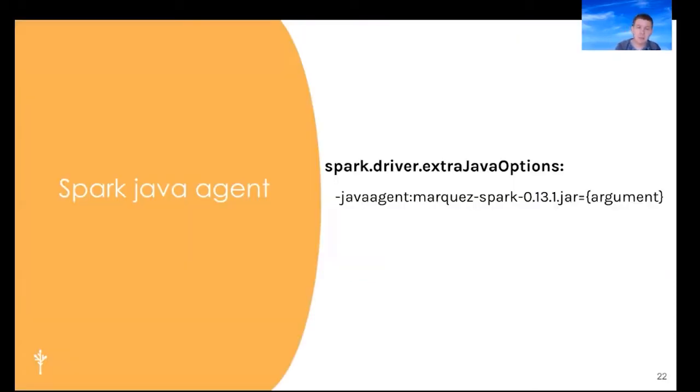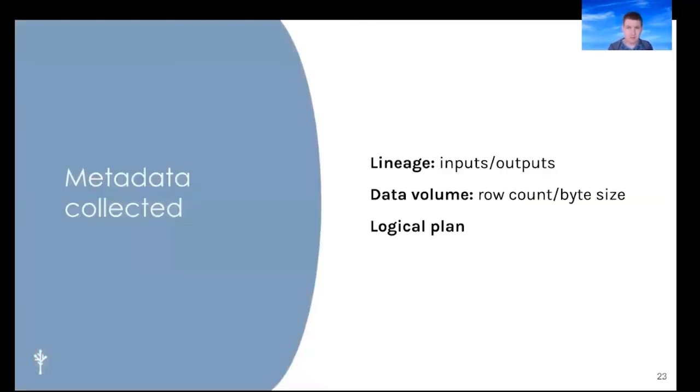Taking the example of a Spark agent, it's simply by adding the Marquez Java agent to your extra Java options, which is going to add a listener to your Spark context, which allows Marquez to see the logical plan and to extract the input and output of it.